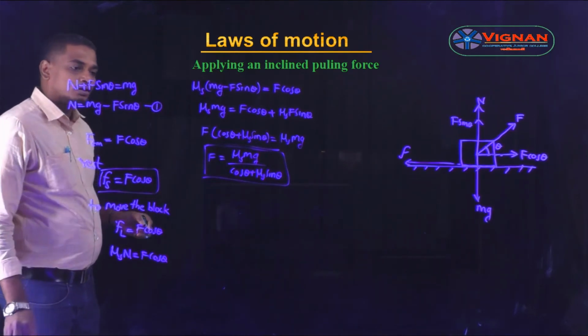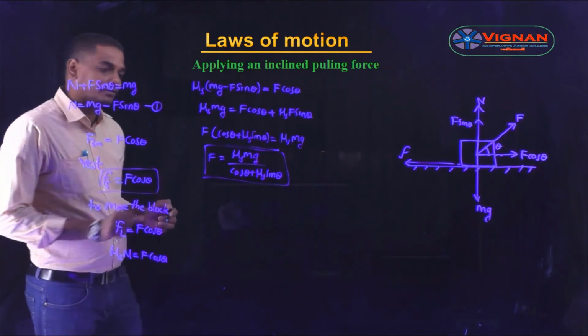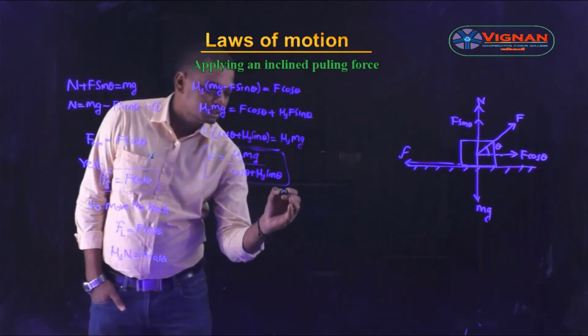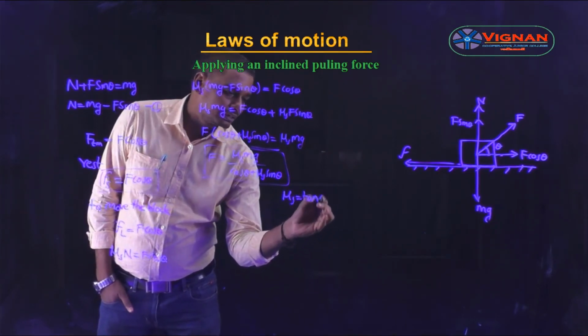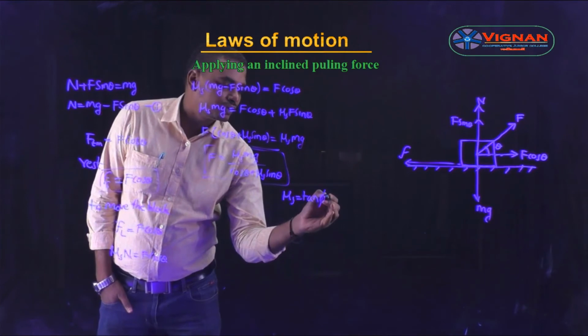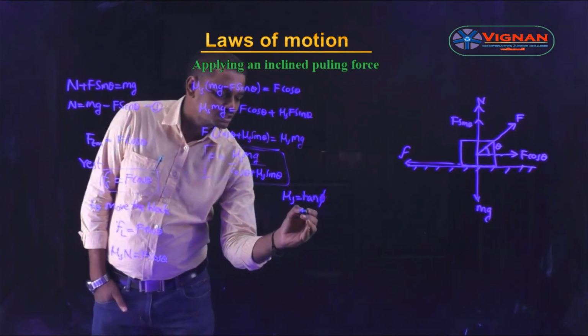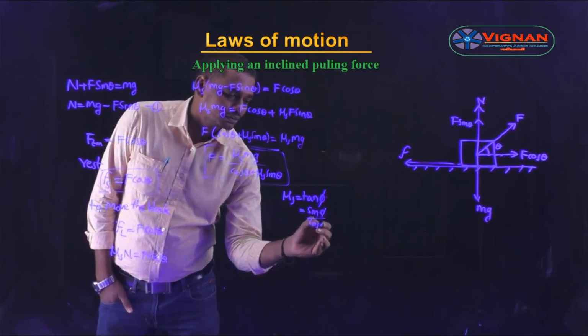Now let us calculate what is the minimum force that should be required. For that we know that mu s is equal to tan phi, where phi is the angle of friction, or mu s can also be written as sin phi by cos phi.